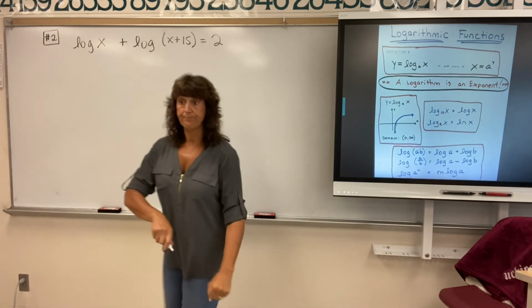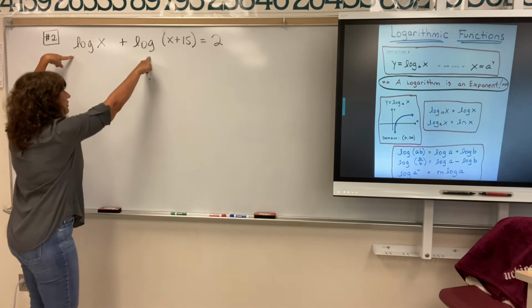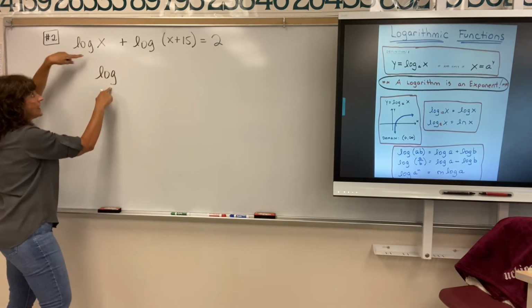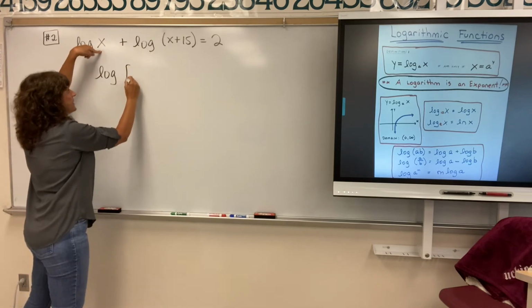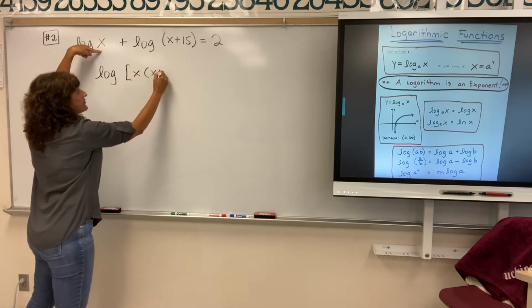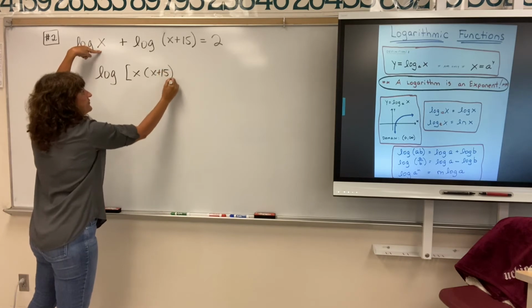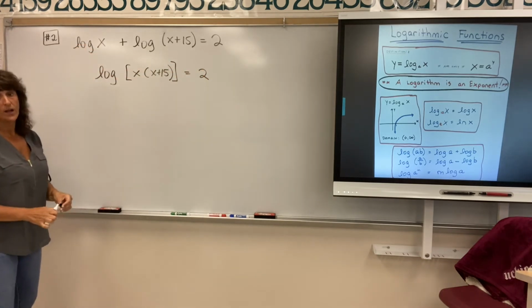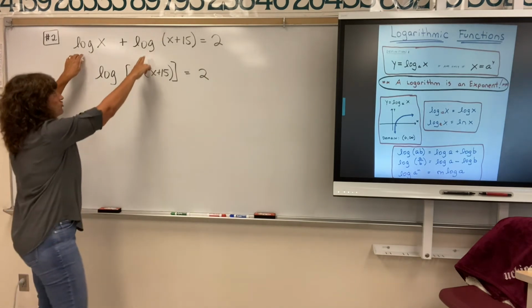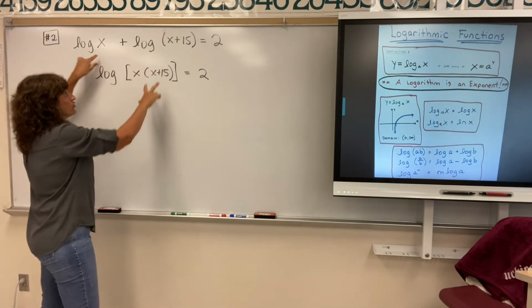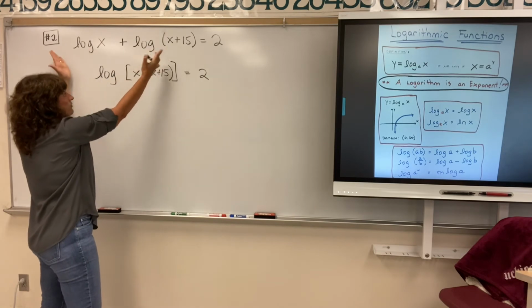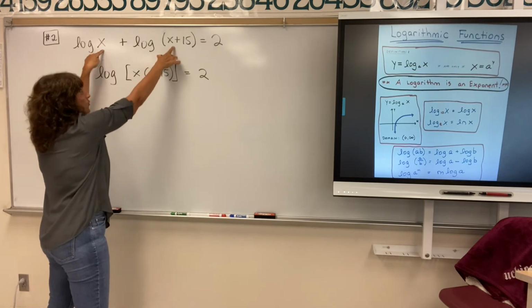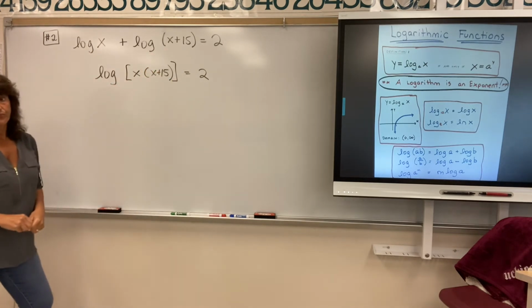We want to write it as one, so you're going to take log, and then take these quantities, the x and the x plus 15, and multiply them.